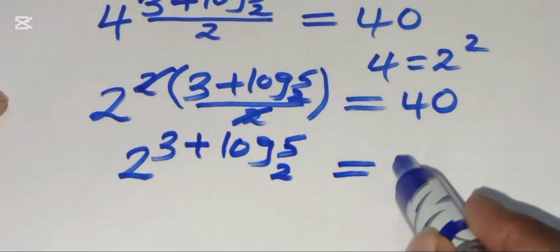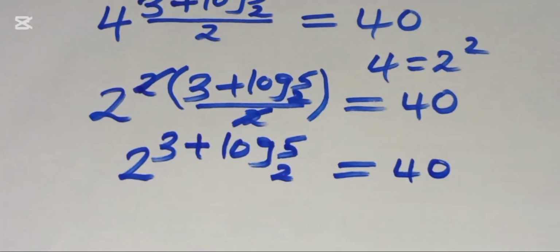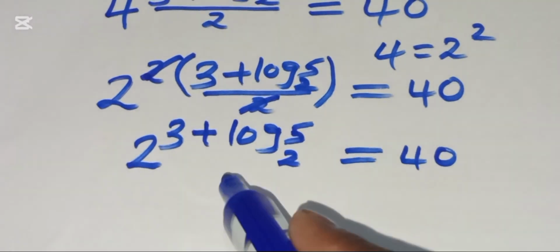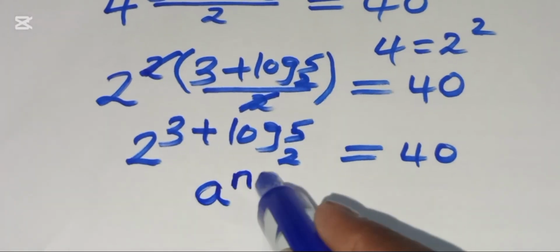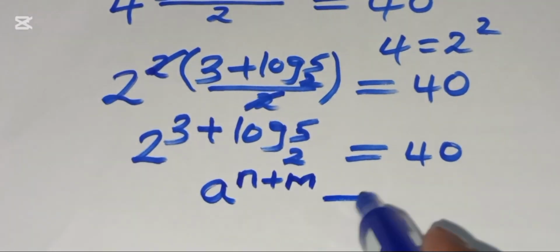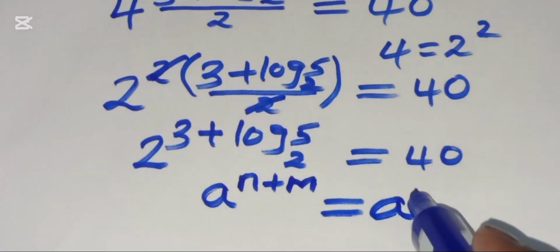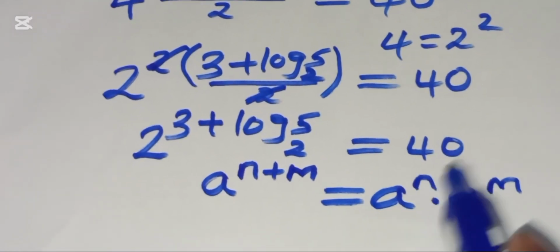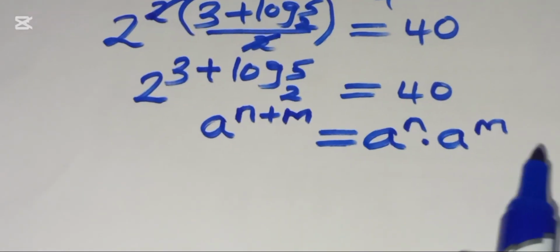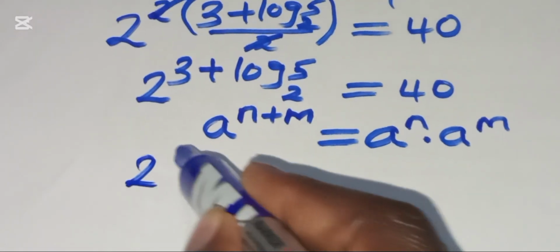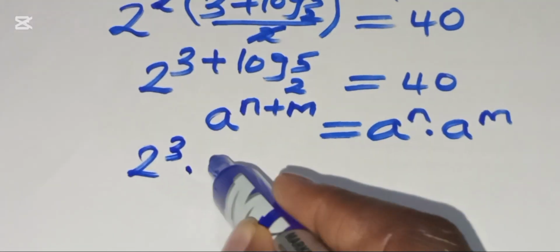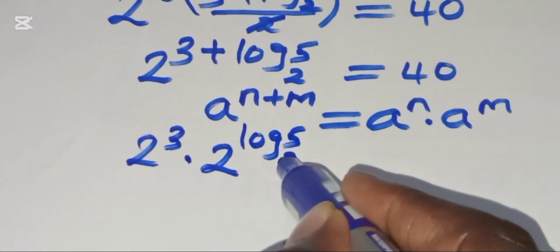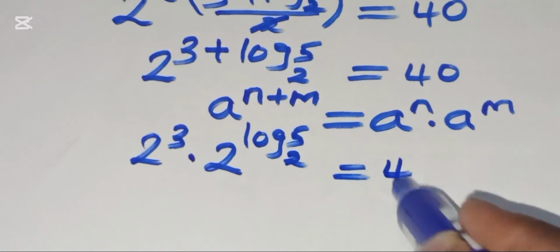Now 2 raised to power 3 plus log 5 to base 2 is in the form of a raised to power n plus m, which you can transform to a raised to power n multiplied by a raised to power m. So we'll have 2 raised to power 3 multiplied by 2 raised to power log 5 to base 2, which should give us a value of 40.